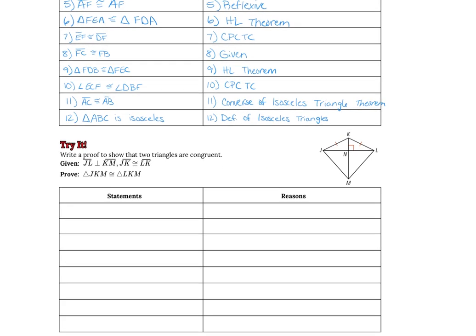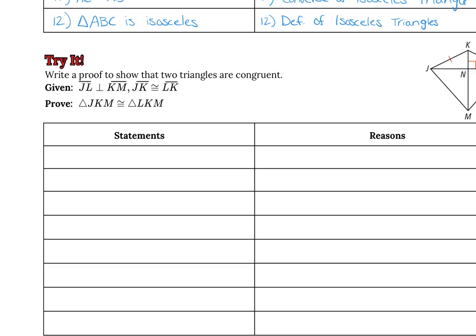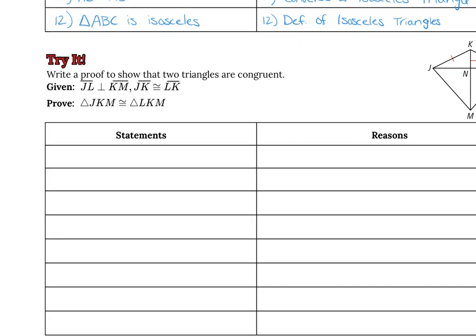And we need to prove that triangle JKM is congruent to triangle LKM. So first thing we're going to do is our given one. So we are given JL perpendicular to KM, and JK is congruent to LK.